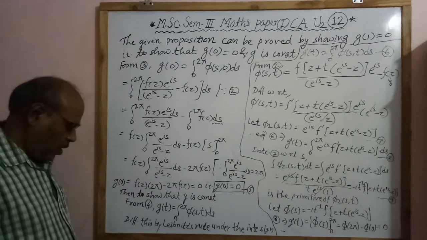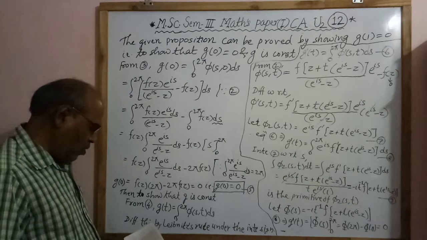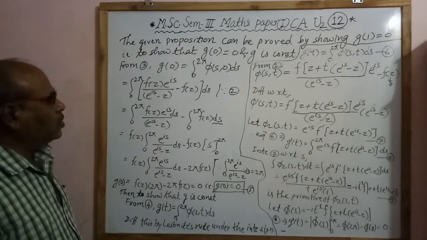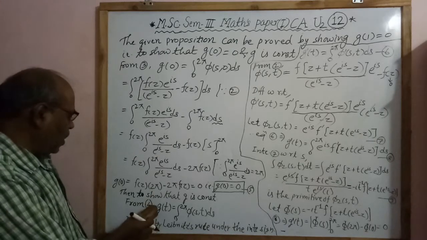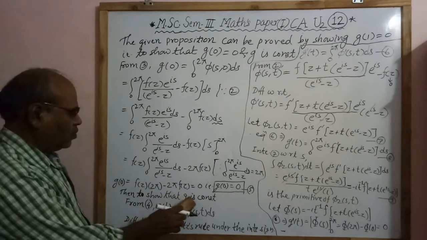Then at the end, since g dash is continuous, we have g dash is 0 and g must be constant. This we have to prove lastly. We have to show that g is a constant.